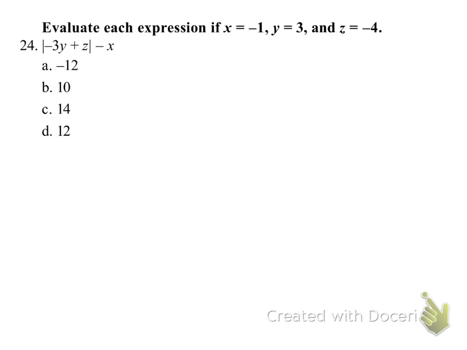Okay, next problem, number 24. In this problem, we are going to be evaluating, meaning substituting in, and we're dealing with some absolute value signs. So we've got the absolute value of negative 3 times 3 plus negative 4 minus negative 1.